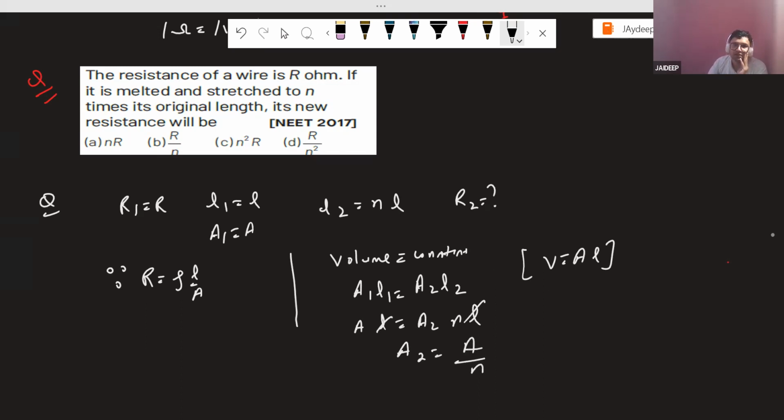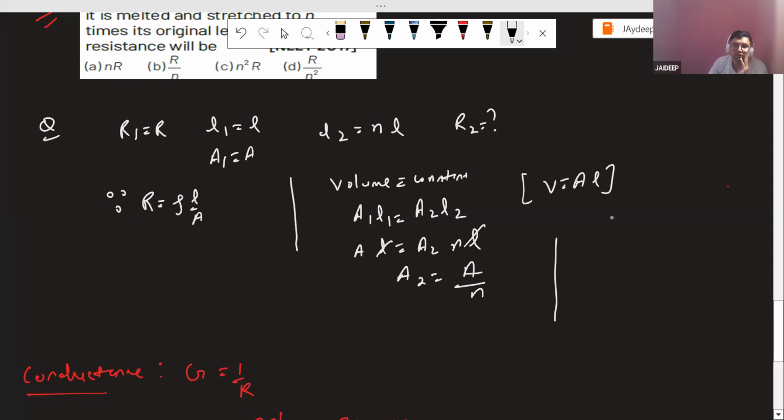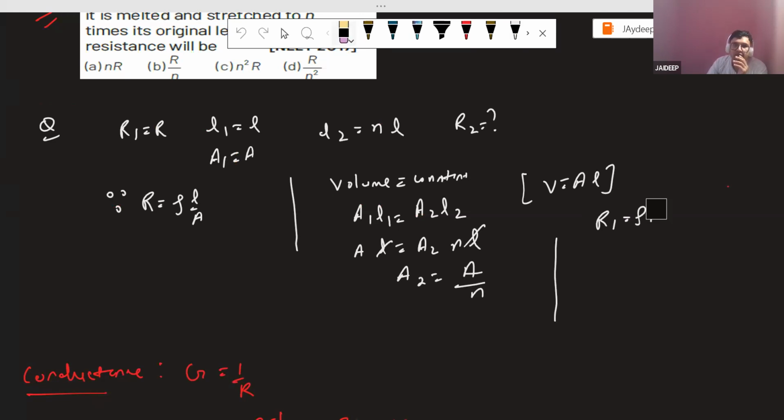Now new resistance. R1 equals rho L1 over A1, that is rho L over A. Resistivity will not change because resistivity depends on the material.